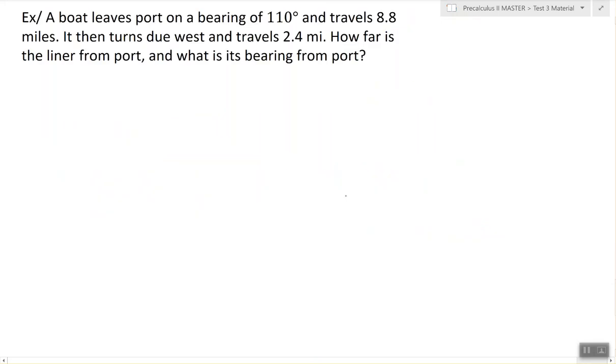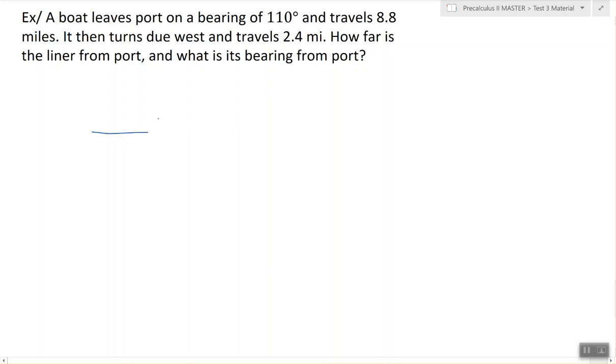This last problem we're doing is where we have a boat leaving a port on a bearing of 110 degrees. It travels 8.8 miles. Then it turns due west, going straight west, and travels 2.4 miles. How far is the liner from the port, and what bearing is it from the port at that point? So we'll draw a little bit of a picture here.